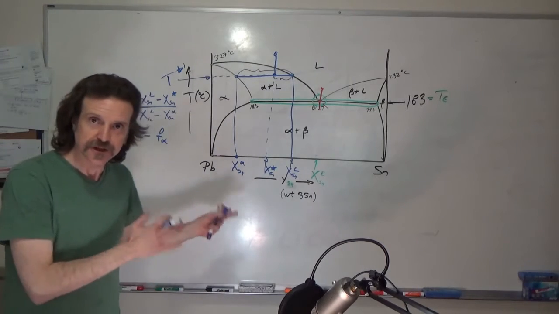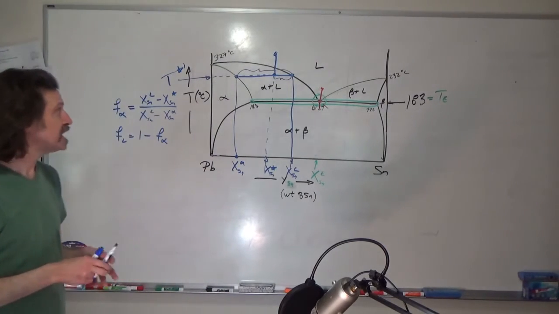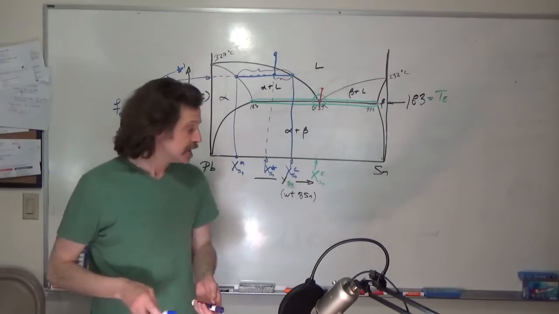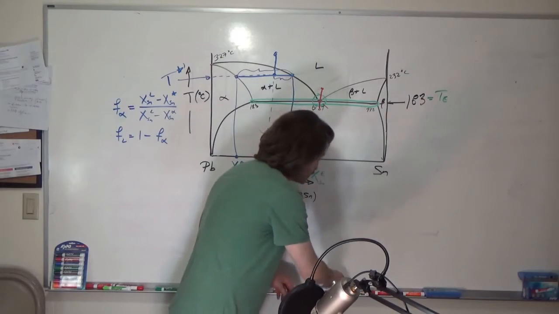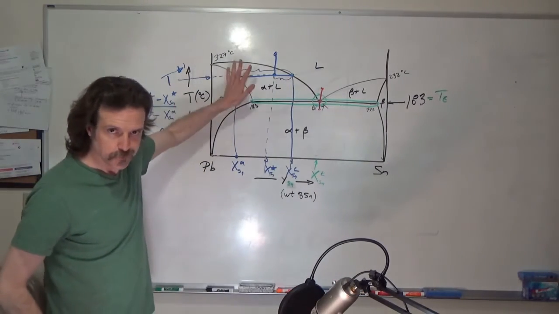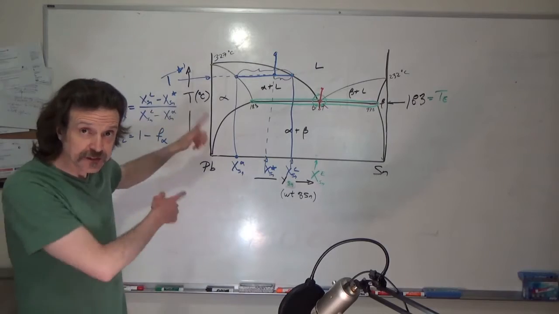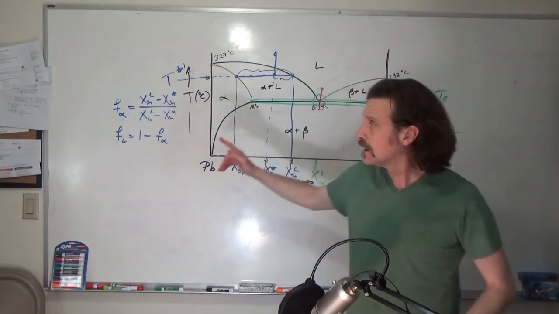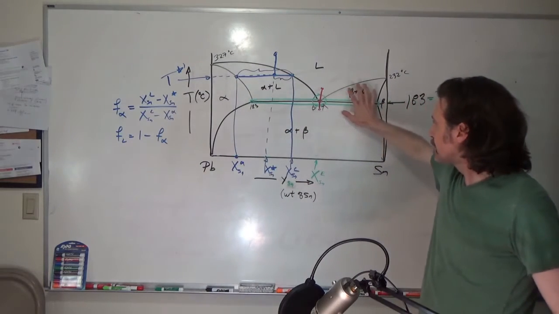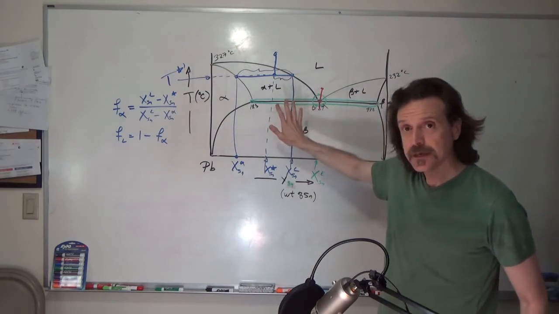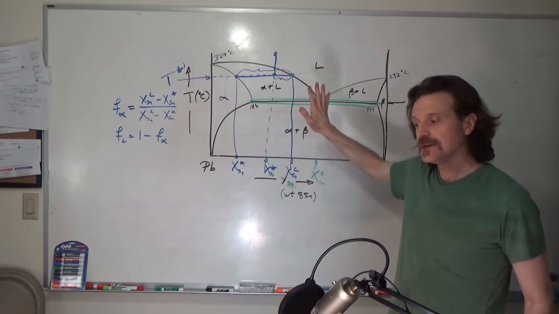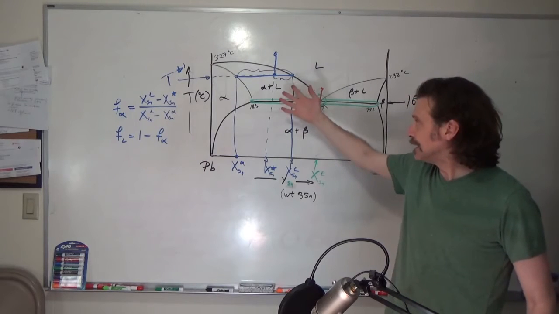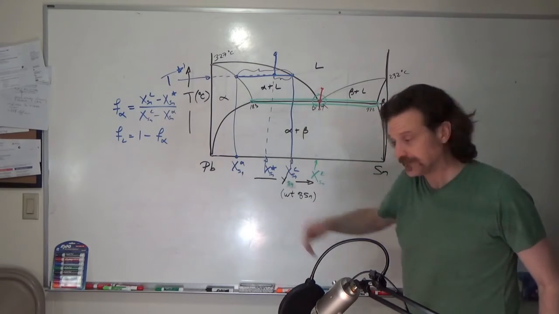So nothing changes. The only thing that really changes is we have a slightly more complex looking phase diagram. Now, I'm not going to go through and do more readings on this diagram, but what I'd like to do is talk about how the features in this diagram impact the morphology of the products as they solidify.